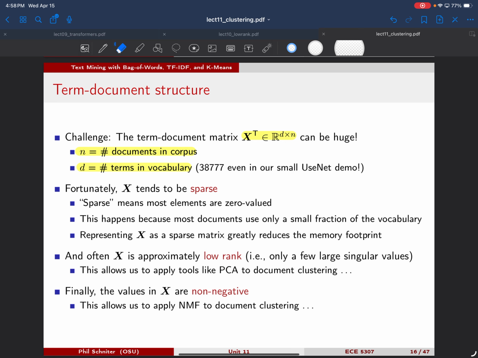So there are some important properties. It tends to be sparse, which means most elements are zero valued. That's because most documents have just a small fraction of the words in the vocabulary. So when you look at each row of that matrix, it has mostly zeros and there are a few non-zeros. So rather than allocating space for the entire matrix, you save it as a sparse matrix.